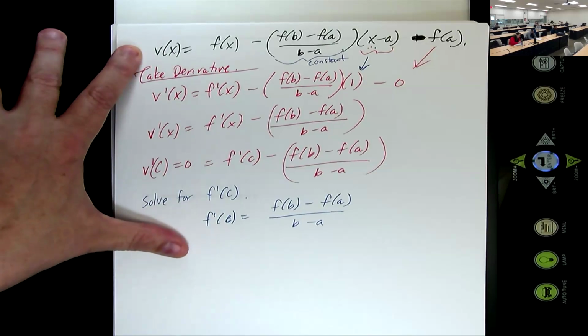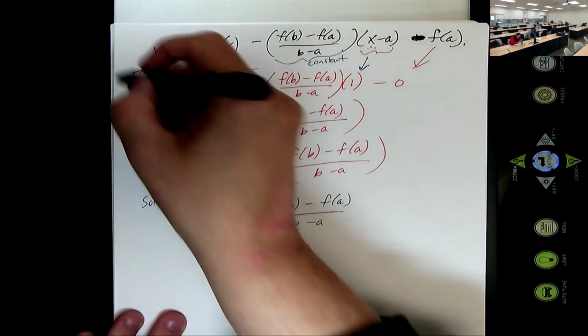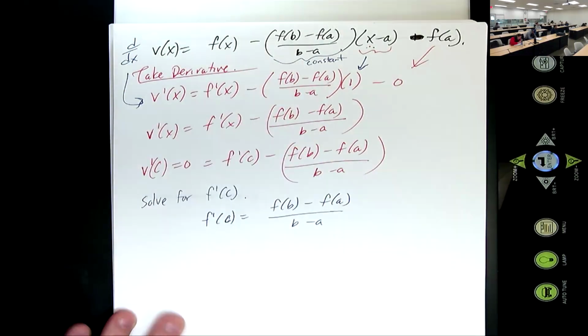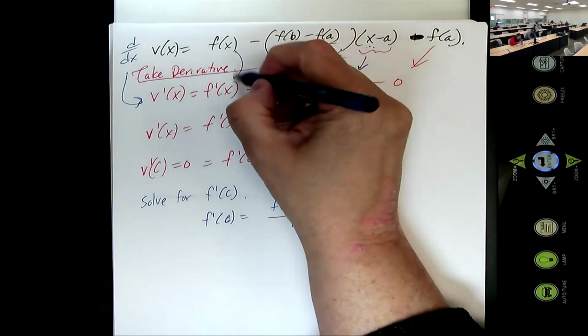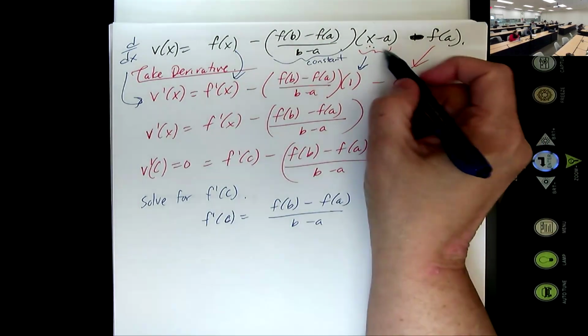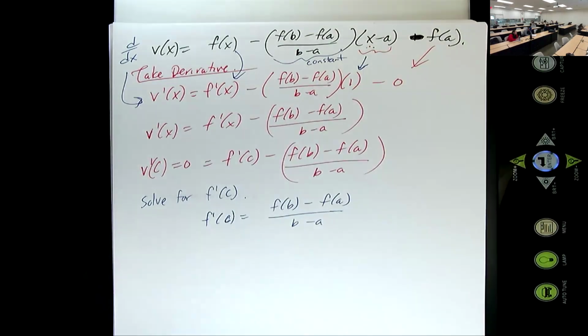So just take the derivative. d dx on this gets you v prime of x. That turns into f prime of x. A is a constant, so derivative of x minus a is just 1. Derivative of x is 1.